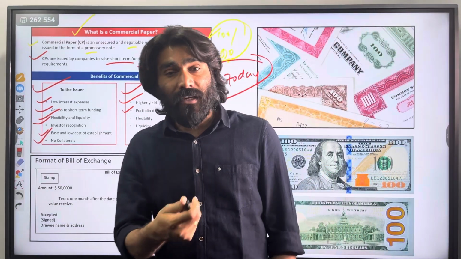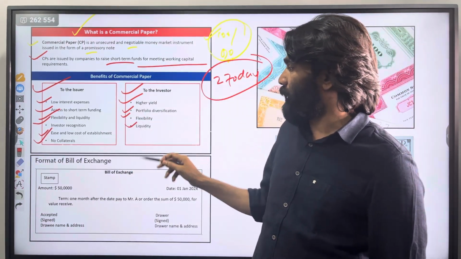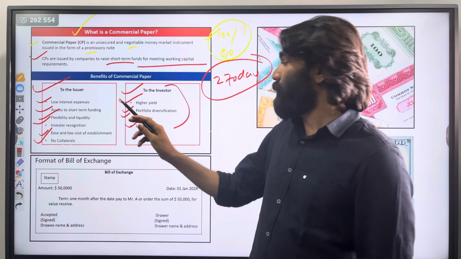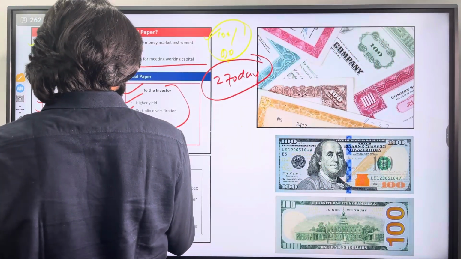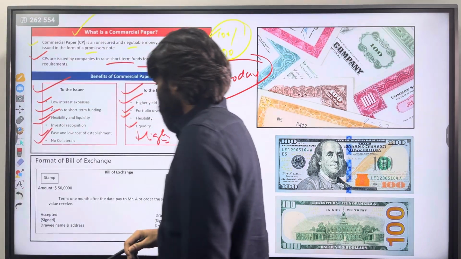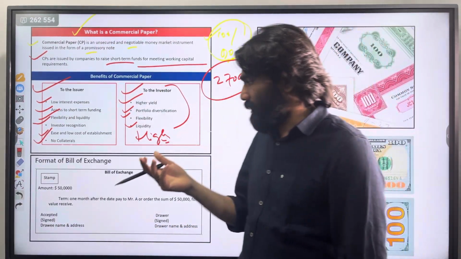If you want to diversify your investments, you can look for these options for flexibility as well as liquidity. But from a risk perspective, I would say very high risk in this particular instrument.